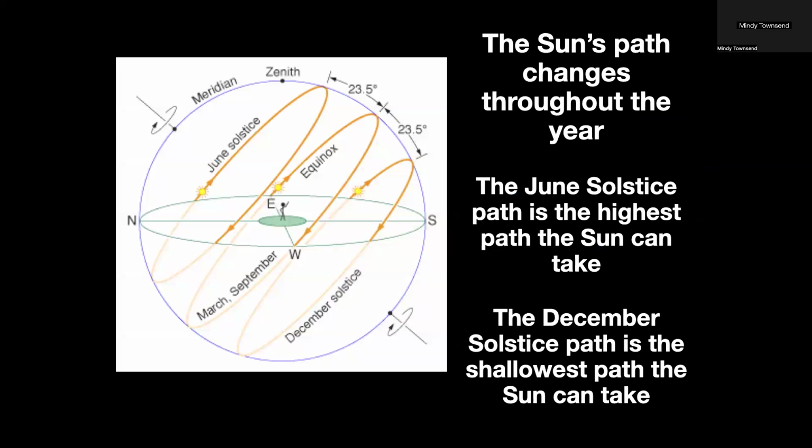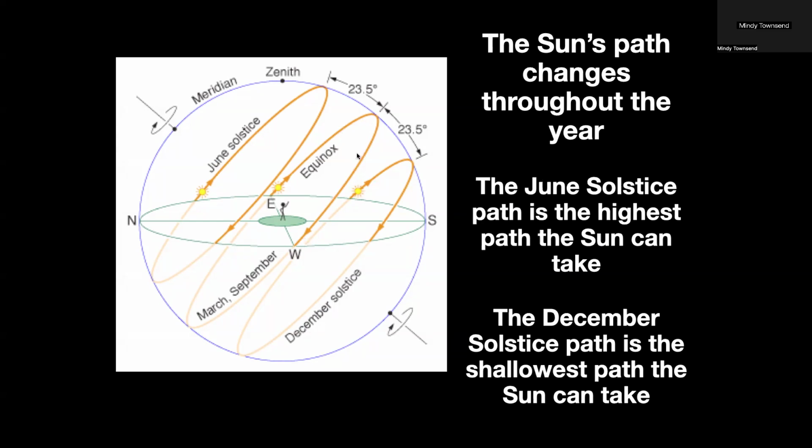There are a couple more things I want to mention about the sun and its path in the sky. So as the year goes on, the sun's path across the sky will appear to change. On the first day of spring or the first day of fall, we have something called the equinox. And so the sun will take this path over the sky.